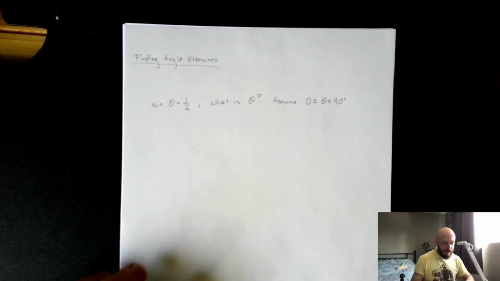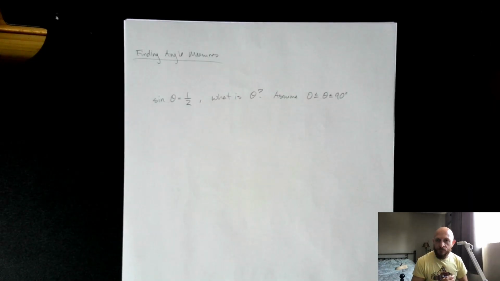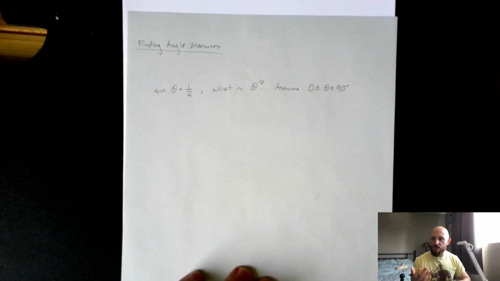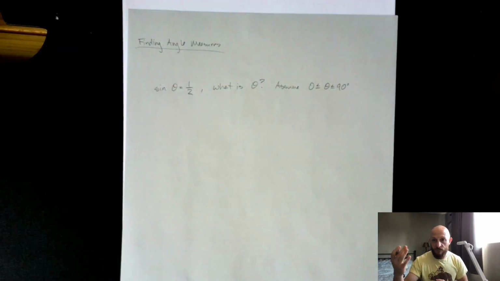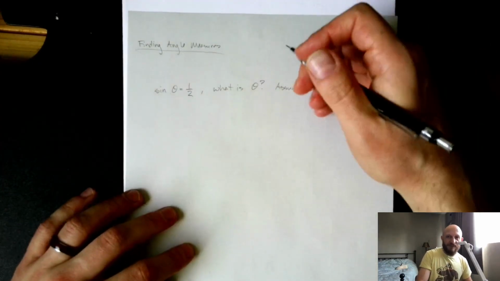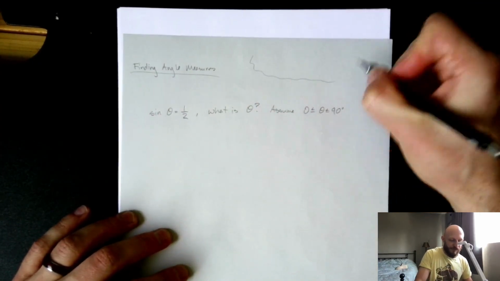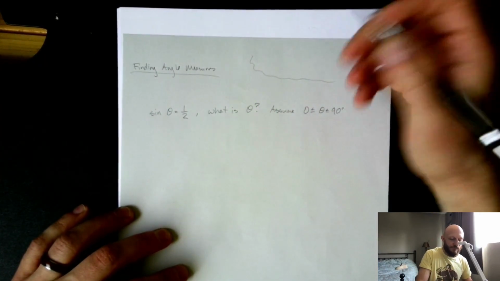This is essentially saying, in quadrant 1, where is sine of theta equal to 1/2? And for this case, at least, we don't need to use a calculator. If you were using a calculator, you just use the sine inverse button, which is not the same as the reciprocal, by the way. I'll make this note up here. I think this is a really easy thing to confuse.